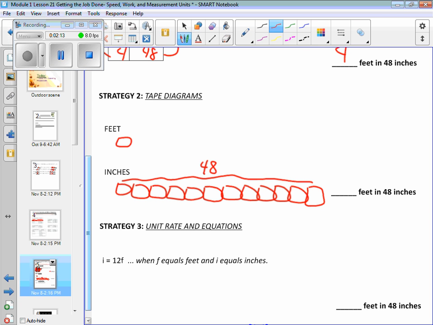So technically it's 48 divided by 12, making the value of each box how much? Right, the value becomes, the magic number is 4, which is going to be for every box, not only here, but here as well. And then we can use that 1 tape segment to find our answer of 4.